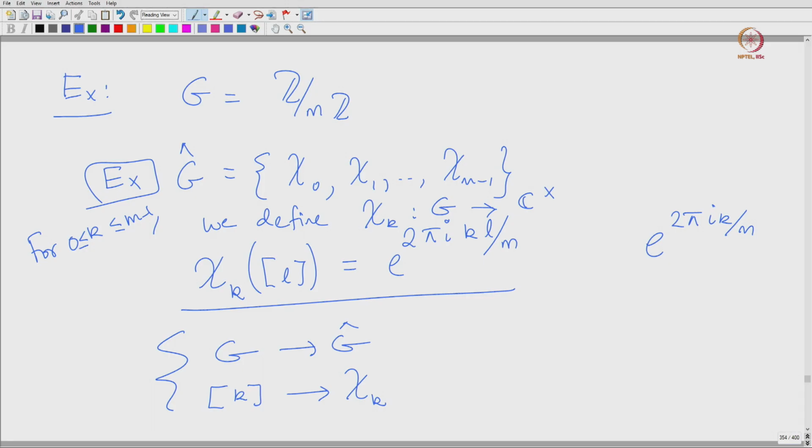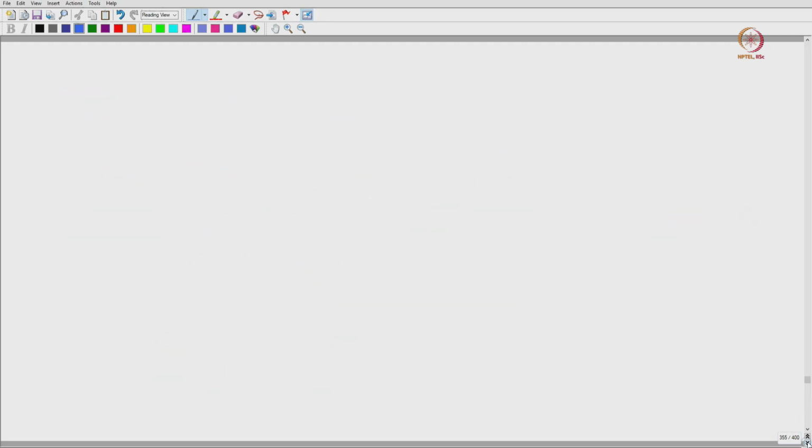Now, how to deal with the general finite abelian group? For that we want to use the structure theorem. The structure theorem asserts that any finite abelian group can be written as a product of cyclic groups.